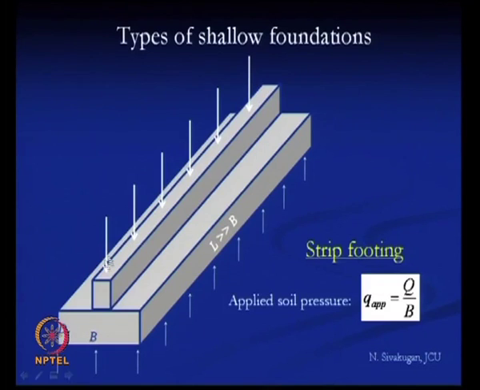The next one is the strip footing, where the length of the footing is much greater than the width of the footing. This is a particular wall on which the load Q is acting, and this is the depth of the foundation and B, and the applied soil pressure we can write here as Q by B. Here, if the load is in kilonewton and B is in meter, then Q will be kilonewton per meter.